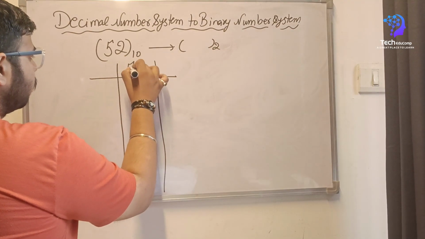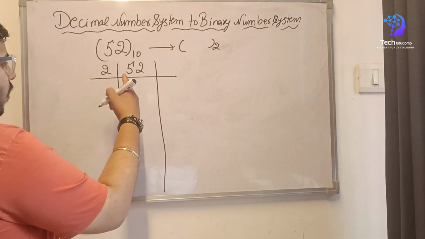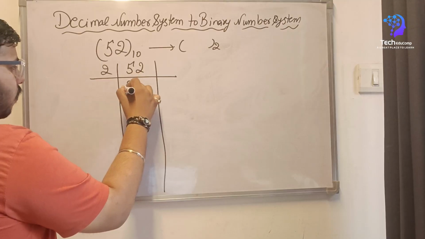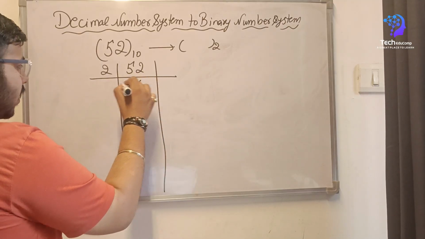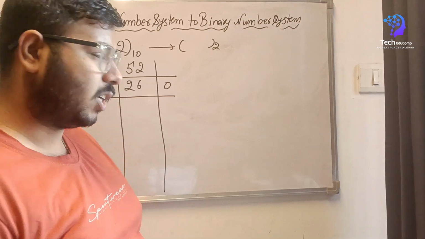52 divided by 2. First it will be 26, remainder 0, because 26 multiplied by 2 is 52.